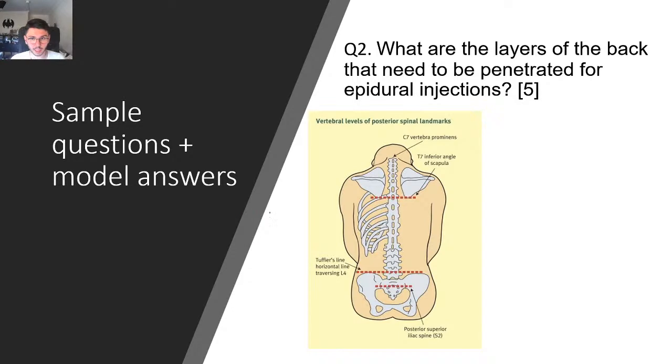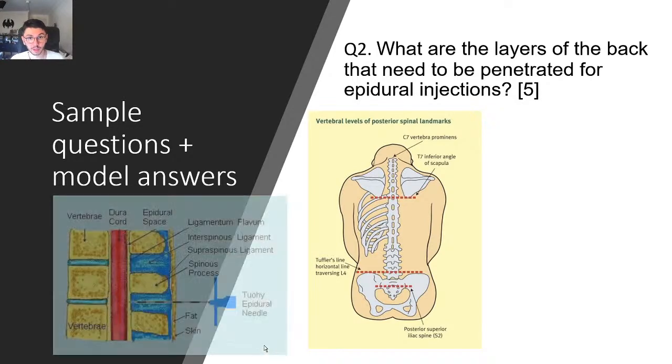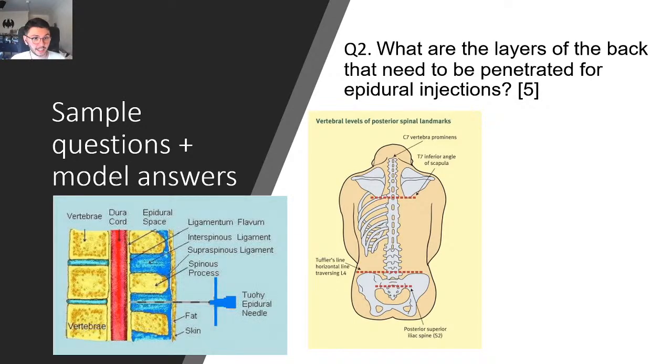Now, the layers of the back, there are 5 of them. So you start with the skin itself, then you have the subcutaneous tissue. This is mostly fat. For people with a larger body habitus, this layer can be much thicker, and therefore you have to go a little bit further to reach the correct area.